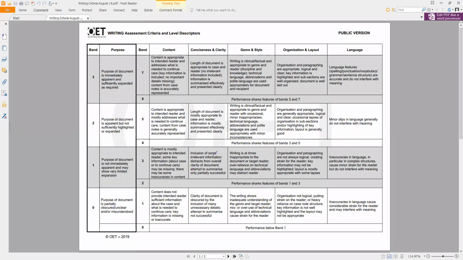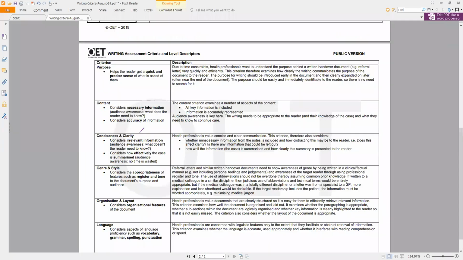For a B, just in case you don't know, you need 2 for purpose and 5 for everything else. Okay, so purpose. Helps the reader get a quick and precise sense of what is asked of them. So the purpose for writing should be introduced early in the document and then clearly expanded on later.